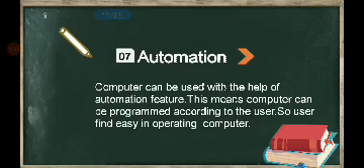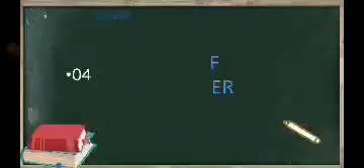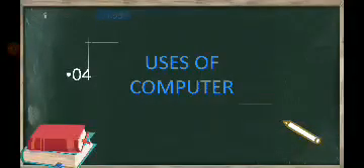We don't need to instruct each and every step. We can just design a program and make the computer work itself. So this is called automation. This helps the user to work very easily. Okay, so this is all about the characteristics of computer.